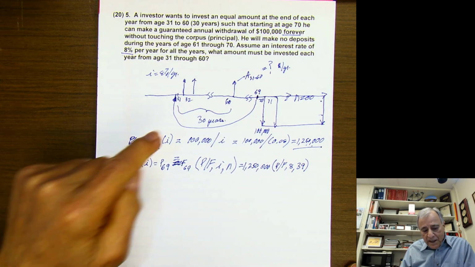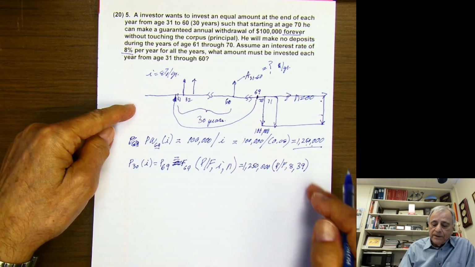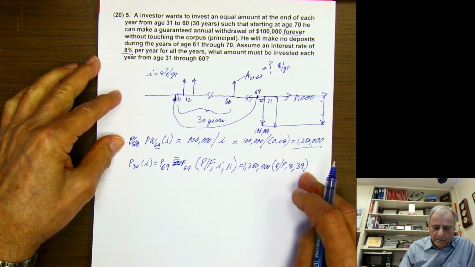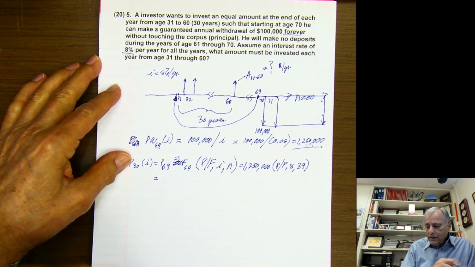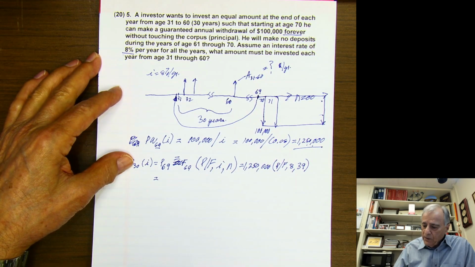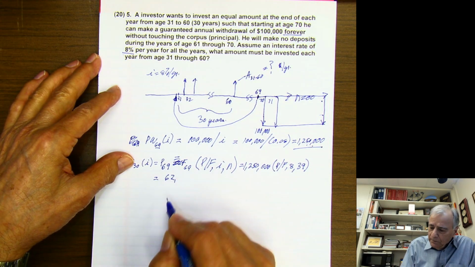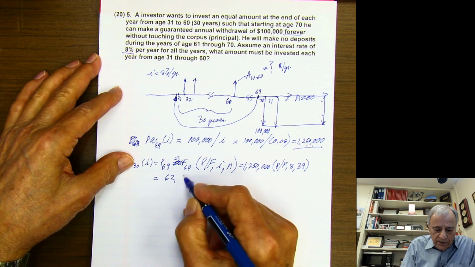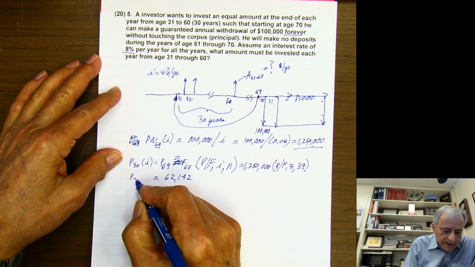So it's not time 31, it's time 30. From 69 to 30 is 39 years. So then we plug in to our trusty app there, and when we do that, we get $62,142. That's amazing, huh?